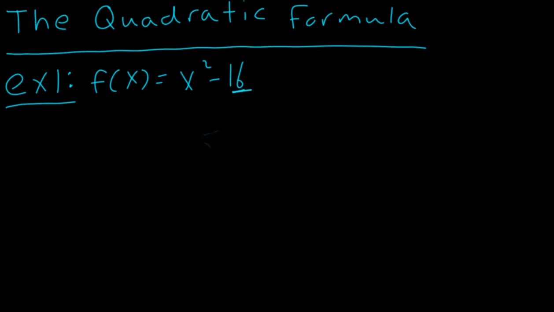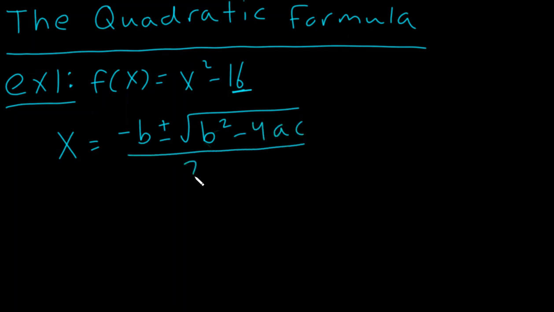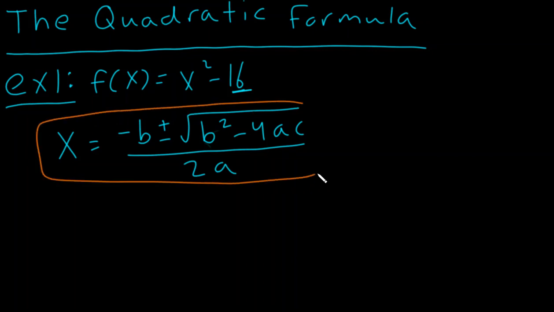So what is the quadratic formula? Get ready, deep breath. It is negative b plus or minus the square root of b squared minus 4ac all over 2a. Now you might be thinking, I will never be able to learn how to use this, but I promise you this.